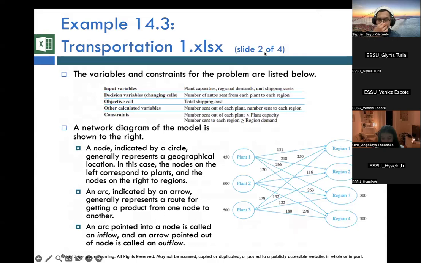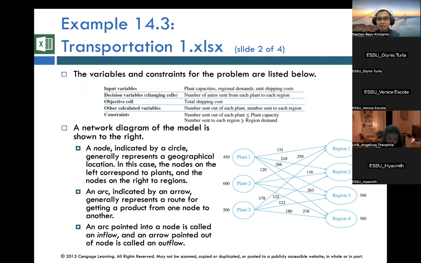When we combine this into a network diagram, we see what we can supply from every plantation. For example, plantation one should deliver our products to region one, two, three, and four. They will be separated by probability functions or mathematical functions. So every region will receive products from plantation number one.